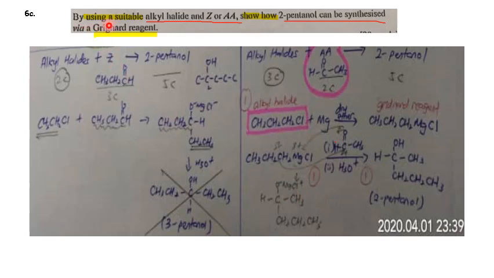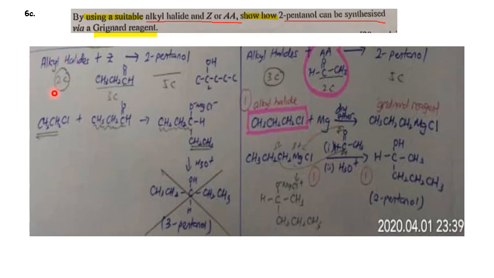Okay, next: by using a suitable alkyl halide and Z or AA, show how 2-pentanol can be synthesized with a Grignard reagent. Just now, 2-pentanol means a 5-carbon compound. My Z is a 3-carbon compound, propanal, so I need a 2-carbon alkyl halide.